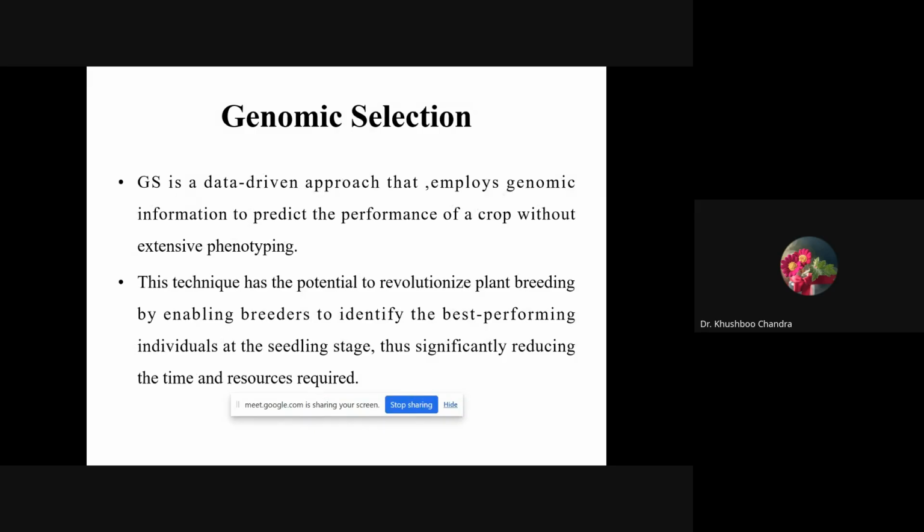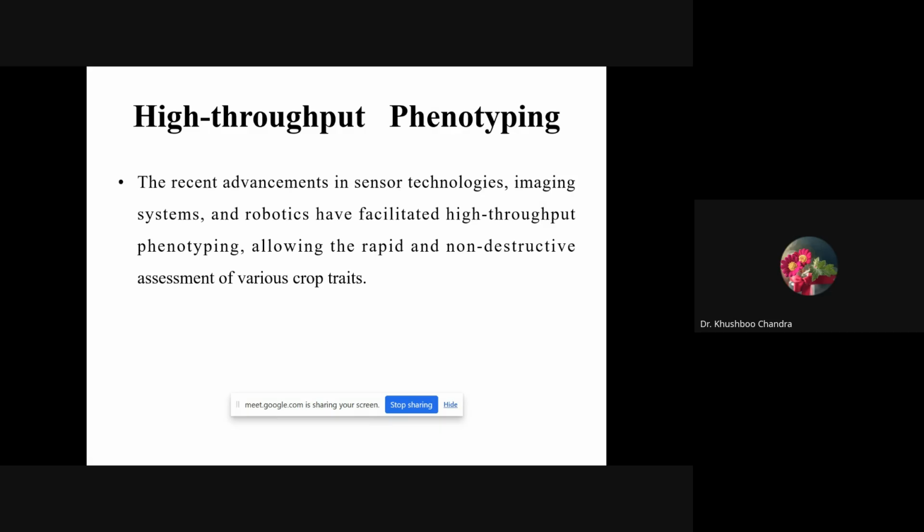For complex traits, like multiple gene-associated traits or quantitative traits, a qualitative oligogenic trait is okay to transfer, but for multiple gene or polygenic traits it is very difficult. In that case also, genomic selection is very helpful.